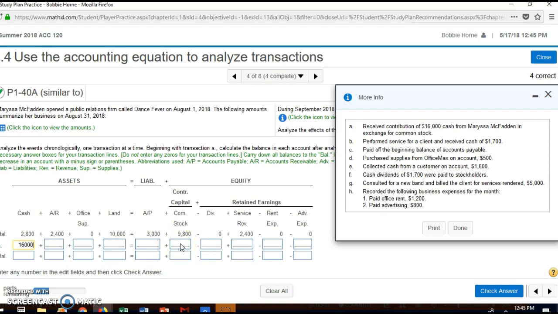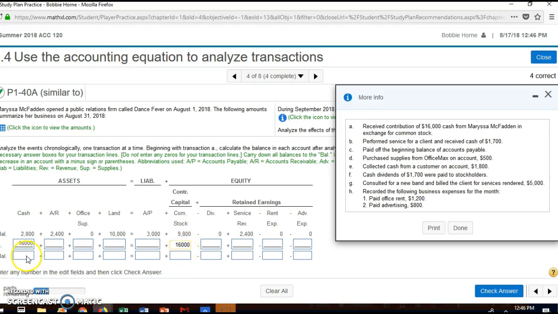She's going to have stock of $16,000 invested in the company because that is how much she contributed. You could call that contributed capital. But here we know that she exchanged cash for common stock. So the common stock account will increase.